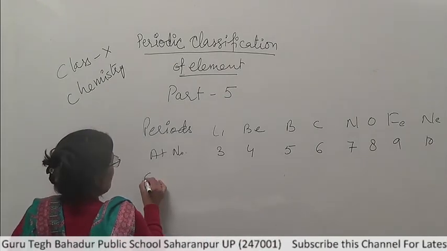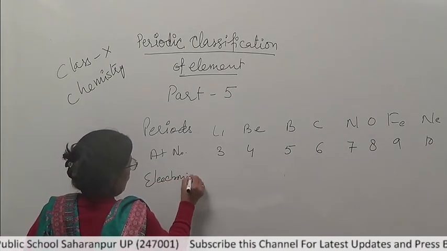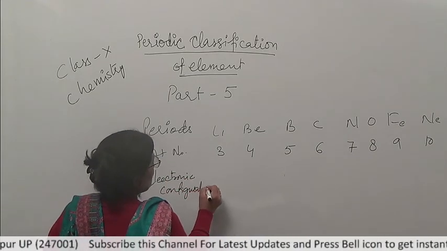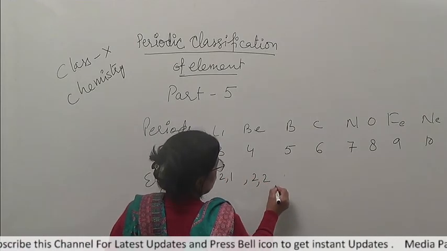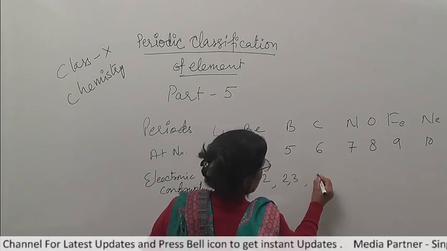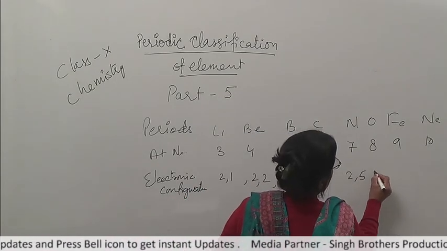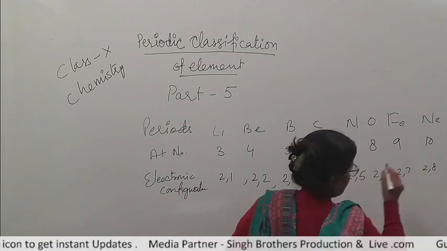Now if we write the electronic configuration of these, we will see 2 and 1, 2 and 2, 2 and 3, 2 and 4, then 2 and 5, 2 and 6, 2 and 7, and 2 and 8.